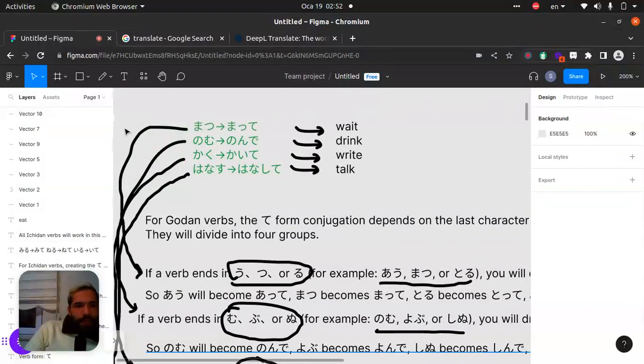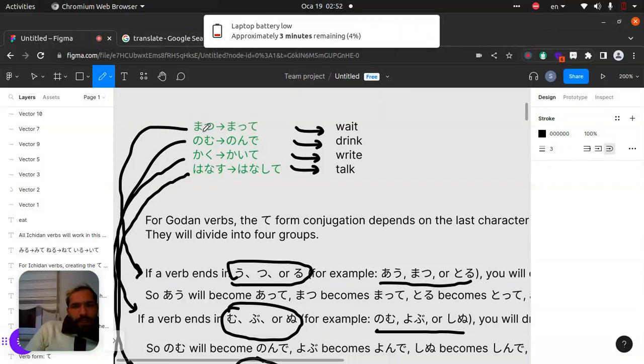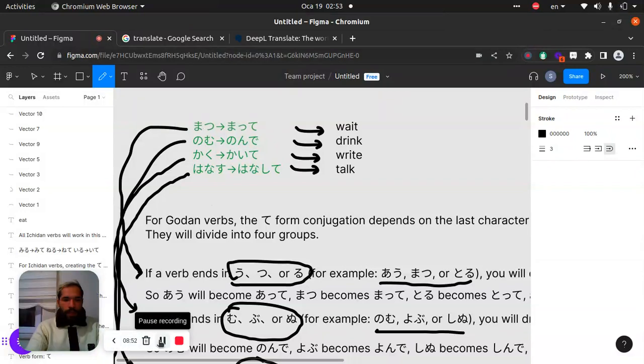Here we have matsu, I think. Yeah, matsu. In this case, it will be matte.